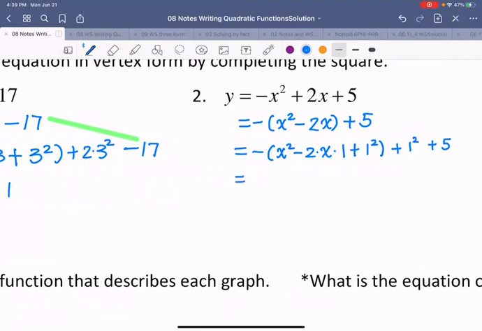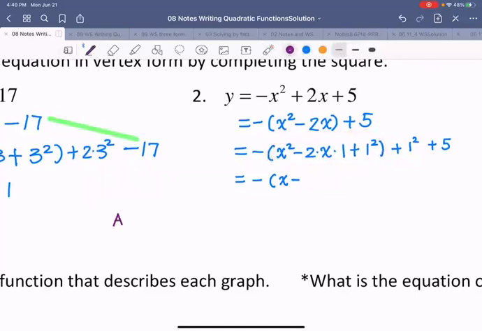So this equals? It equals negative sign and then x squared minus 2x plus 1. So this is the completing square formula. Right.